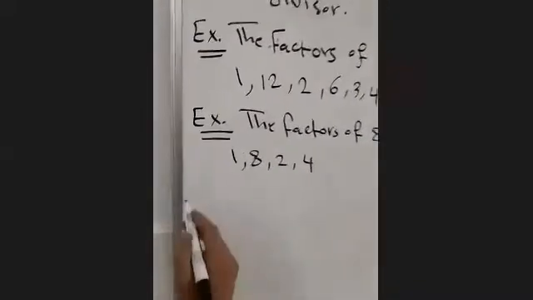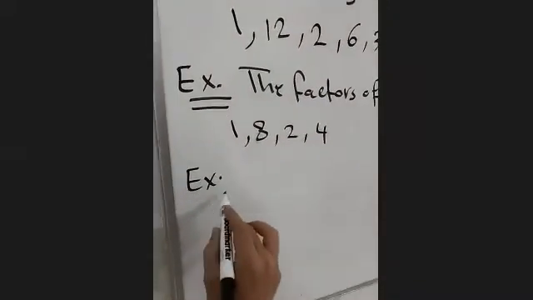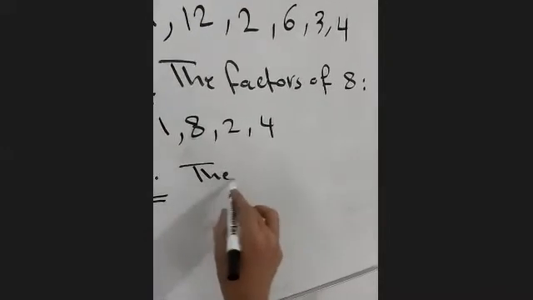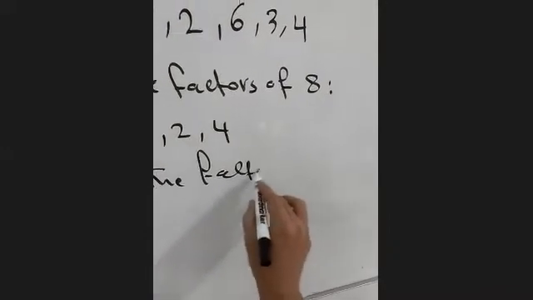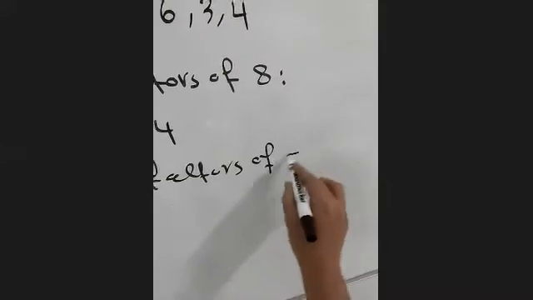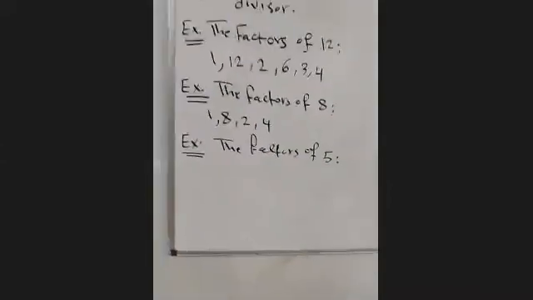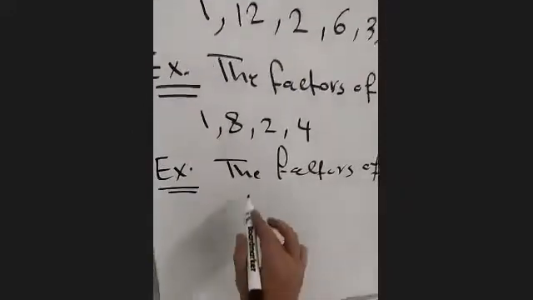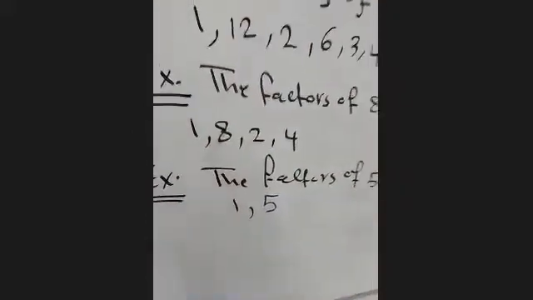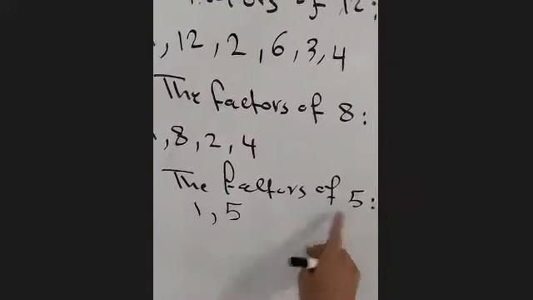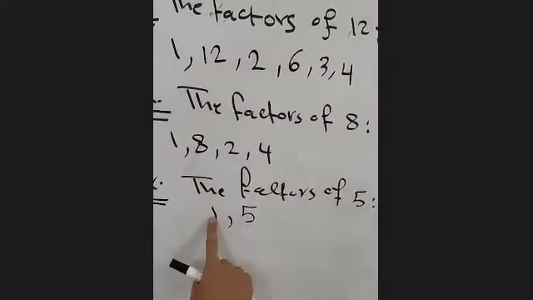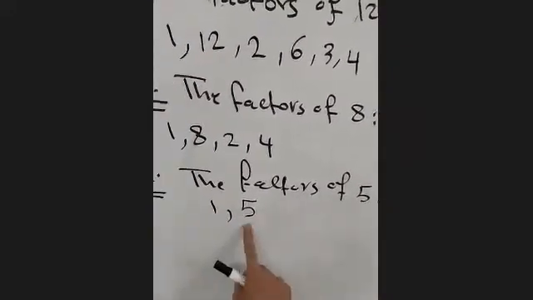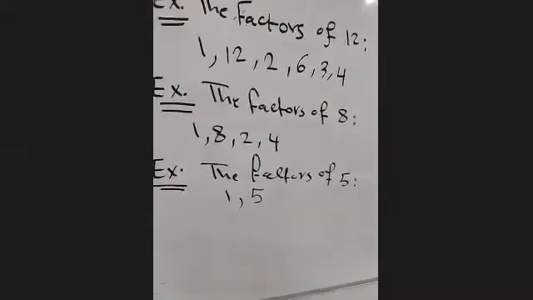Another example. The factors of the number 5 are 1 and 5 only. 5 can divide on 1. 5 divided by 1 is 5. 5 divided by 5 is 1. No more.